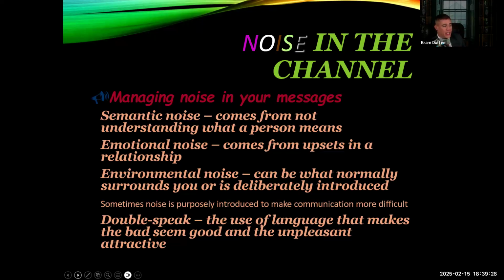Managing environmental noise is about control. We want to choose quieter spaces, wear noise canceling headphones, or maybe just address the distraction directly, like asking a roommate to turn down the TV. Being proactive is going to reduce its effect.